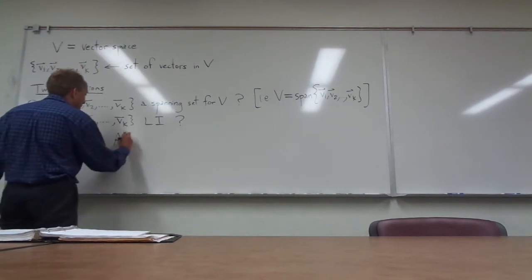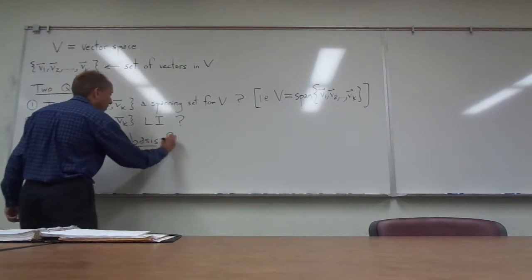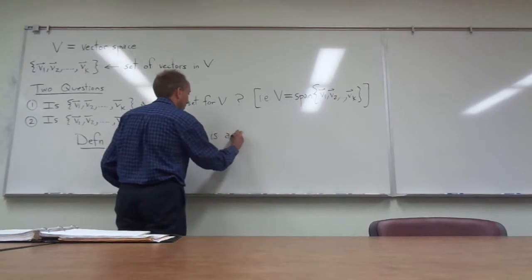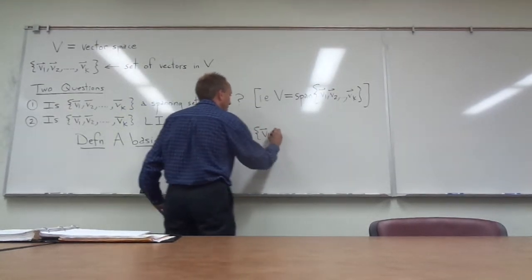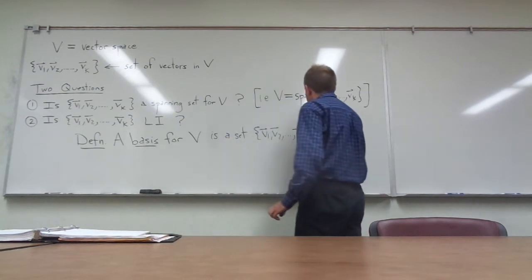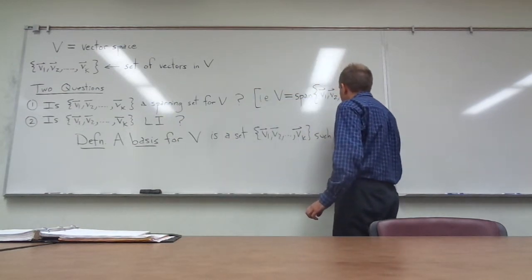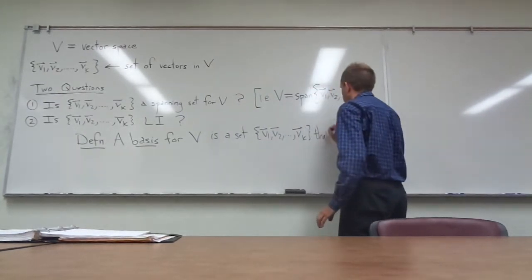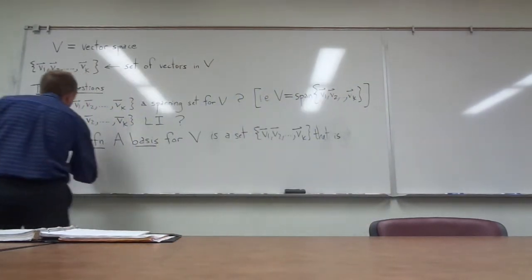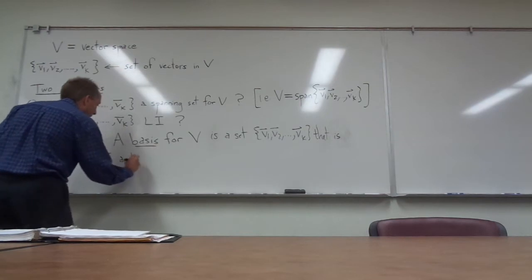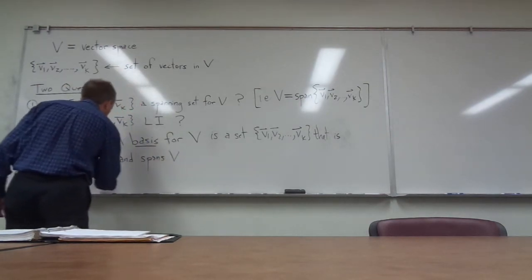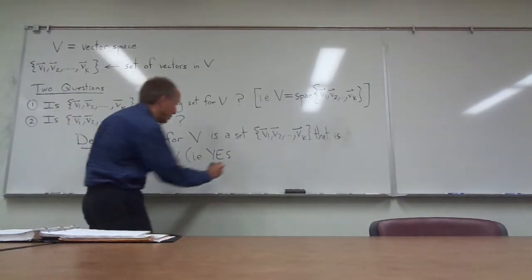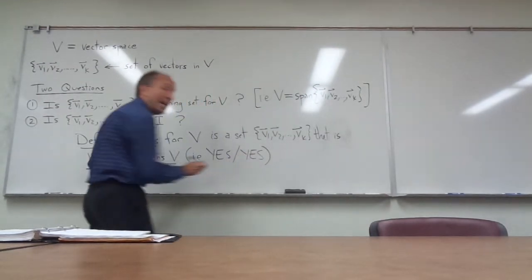So a basis for a vector space V is a set, V1, V2, up through Vk, that is linearly independent and spans V. In other words, the answers to these two questions that we were just asking are both yes.